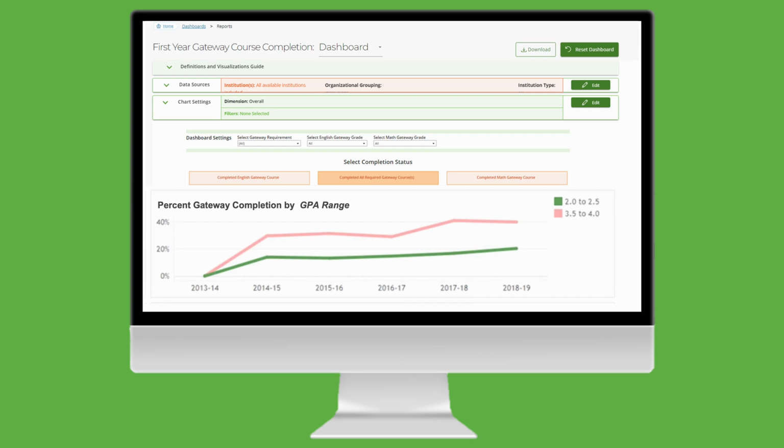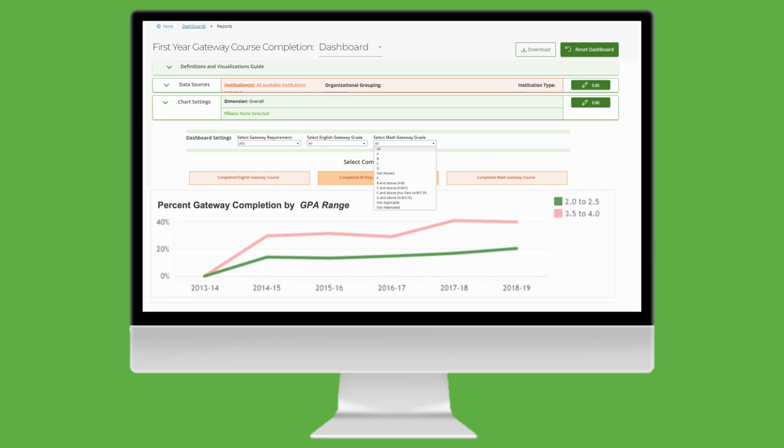Next, let's look at one more metric to determine if the achievement gap between higher and lower achieving students widens or narrows depending on grades they earned for their Gateway courses. Opening the Gateway grade filter displays the categories A, B, C, D, passed, and not passed.